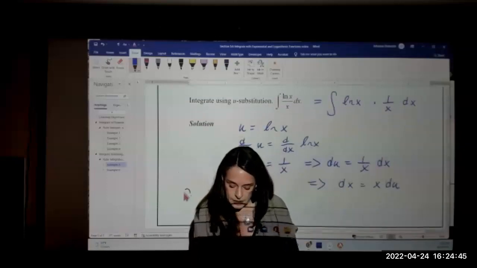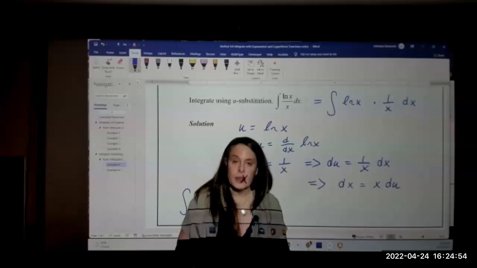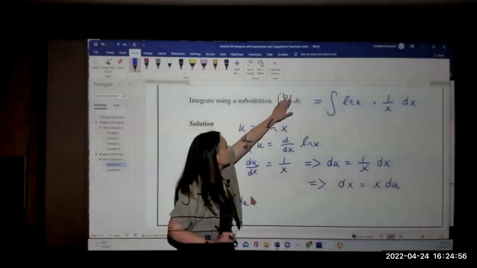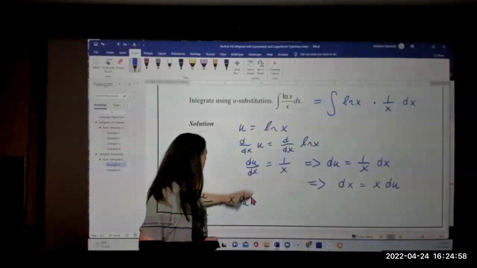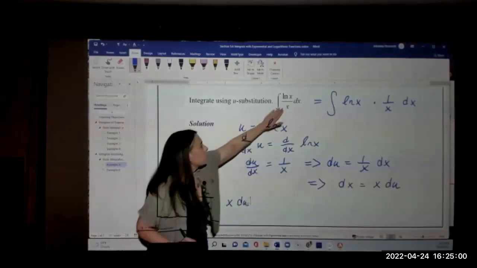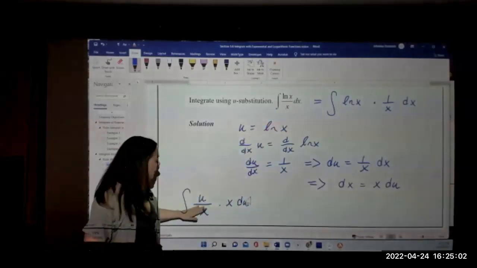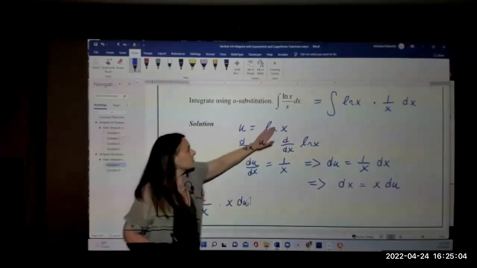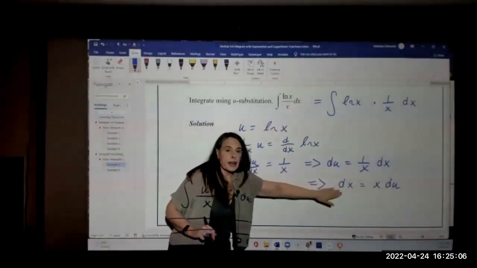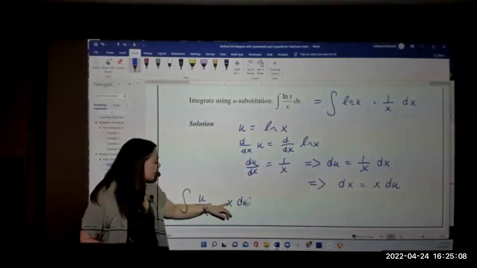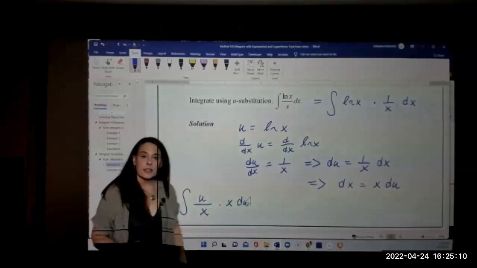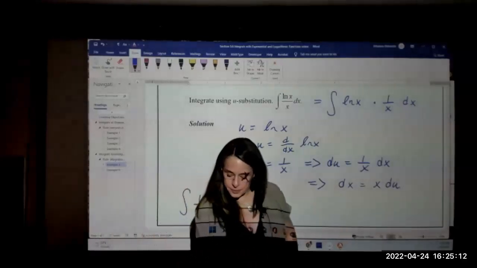This is going to be the integral of u divided by x times x du. Again, I substituted natural log of x became u. The 1 over x stayed 1 over x, and dx got replaced by x du. Now the x's cancel, and I get the integral of u du.